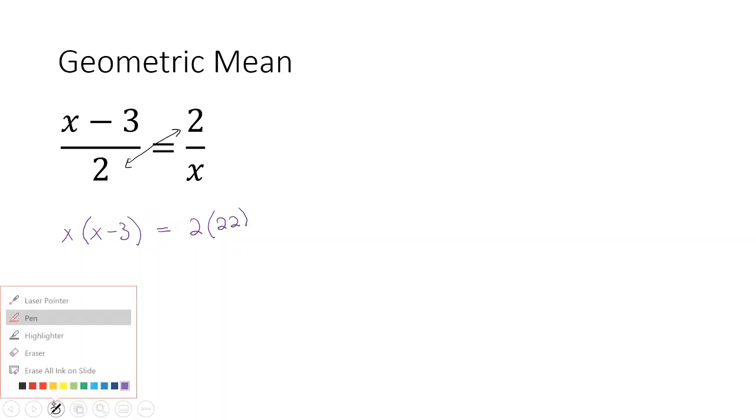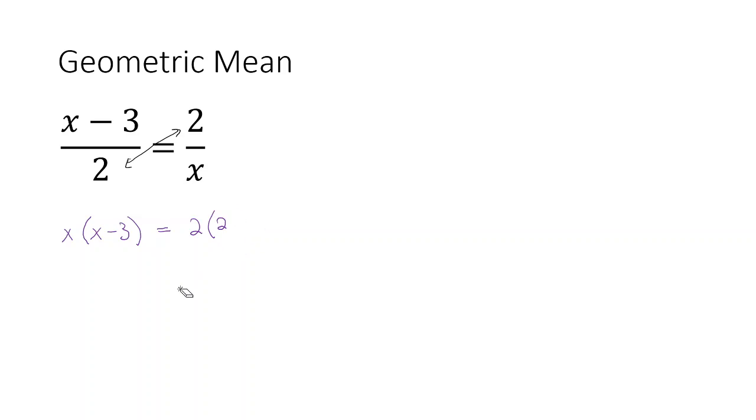Not 22, 2 times 2. Okay, so again I cross multiplied the 2 and I cross multiplied the x. So now we'll distribute the x on the left hand side, x squared minus 3x. Then we'll multiply 2 by 2 to get 4 on the other side.